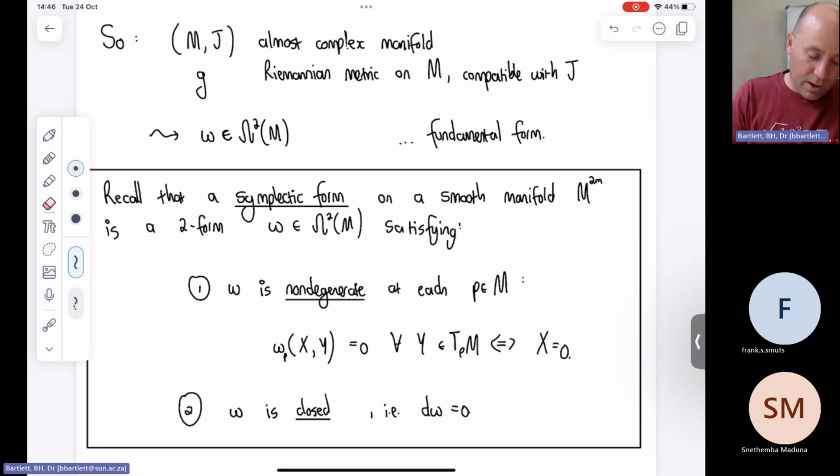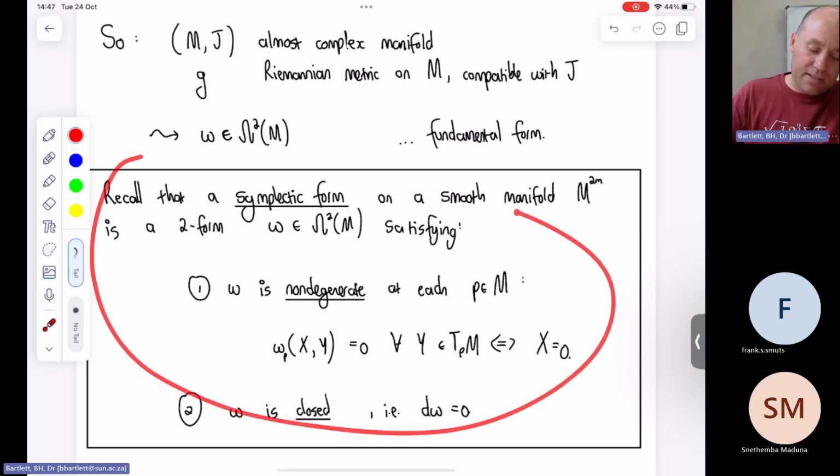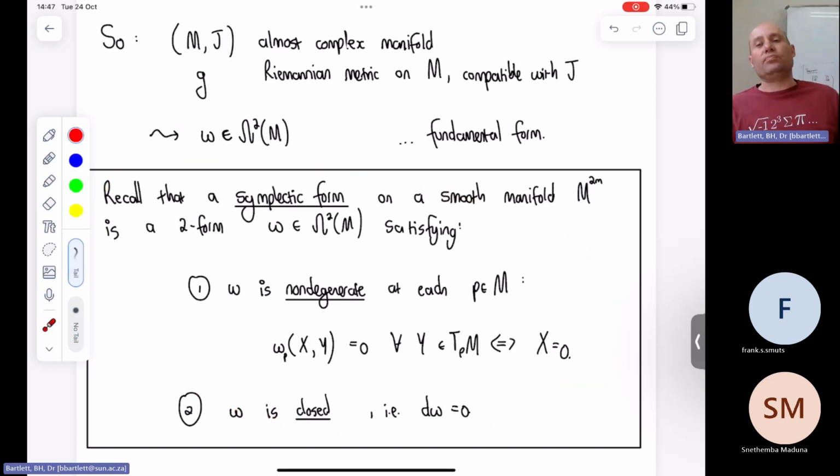So the answer to the question, why do I care about symplectic forms on manifolds? The motivation is that it arose from the study of classical mechanics. It gave us a nice way to formulate classical mechanics on general manifolds. In order to do classical mechanics on a general manifold, you need to have a symplectic form on your manifold. Okay.